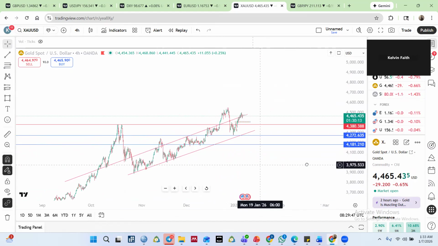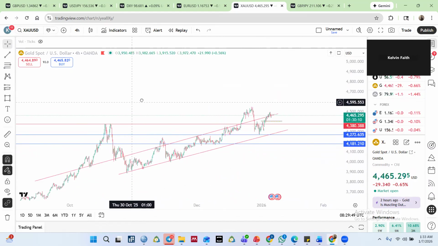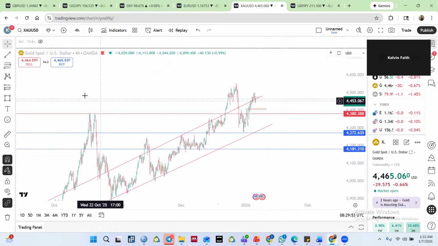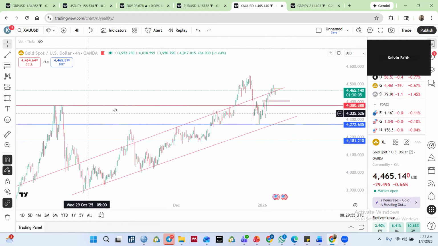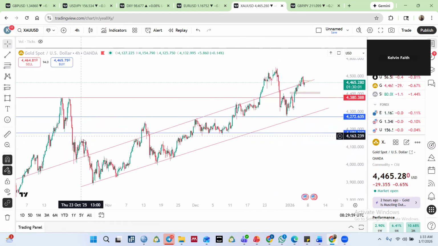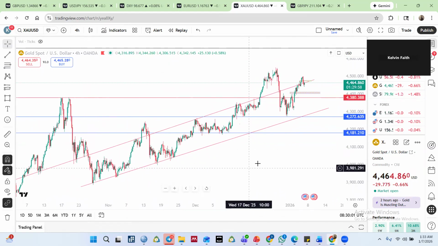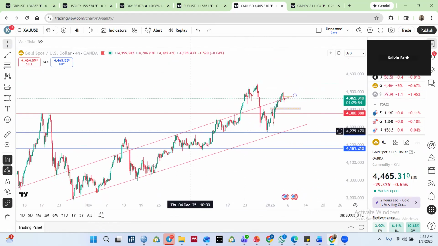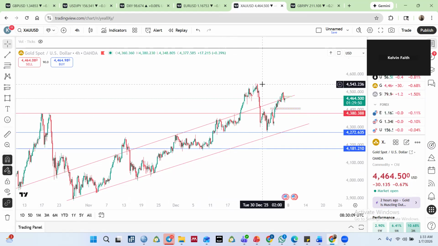So we were having an all-time high, which is where I've put this red line. We're having this all-time high here. Okay, and price made a pullback nicely. Then we see price go up again with bullish structures, higher high, lower high, higher high, lower high, higher high, lower high, higher high.